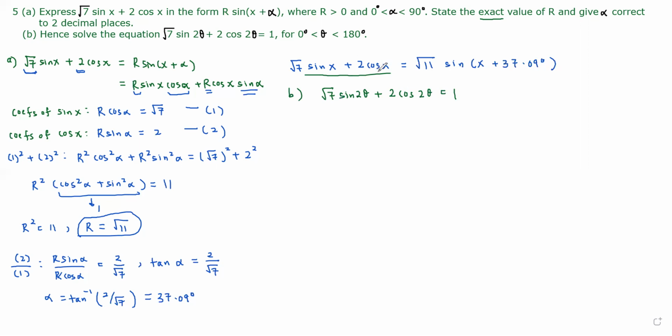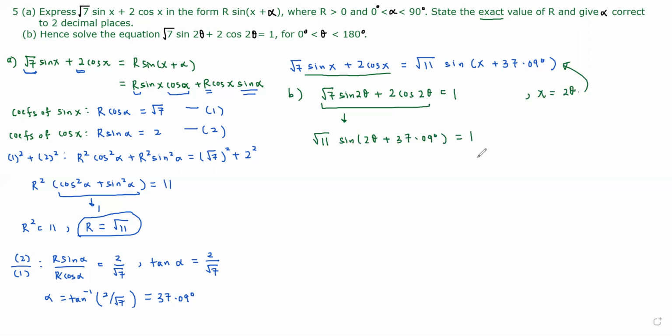If we replace x with 2 theta, then we can use the auxiliary angle form. So from here, we are going to write x as 2 theta, and the left side becomes square root of 11 sine of 2 theta plus 37.09 degrees.